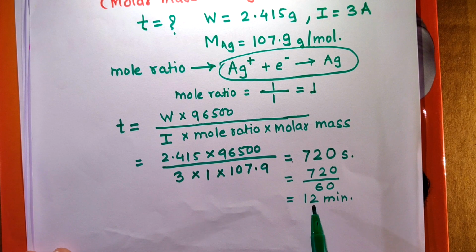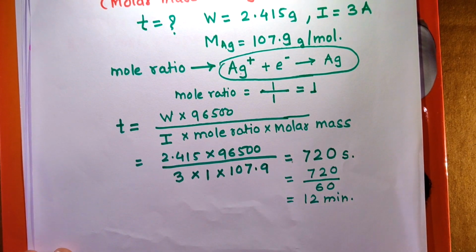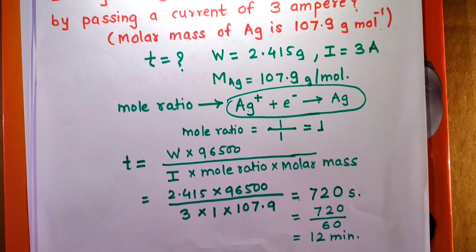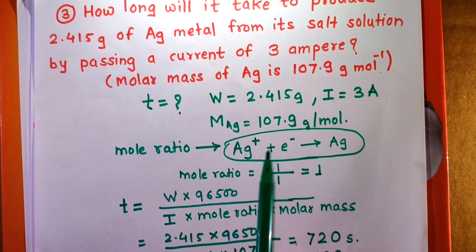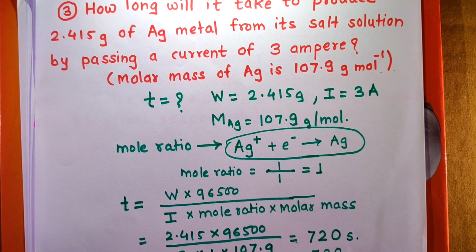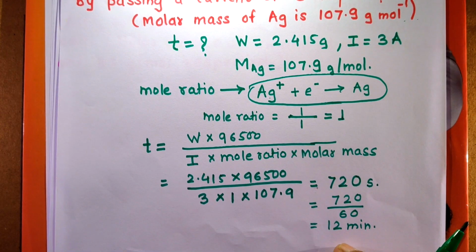It will be 12 minutes or 720 seconds. Like this, you can determine what time is required, or the question is how long will it take. That means you have to calculate T and use this formula to calculate the value of T. It is obtained in seconds, convert it into minutes.